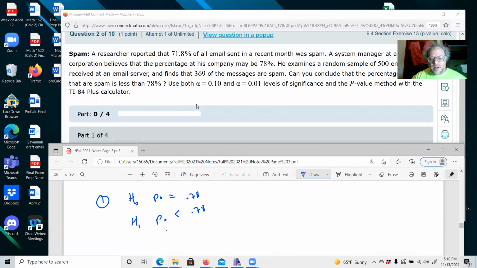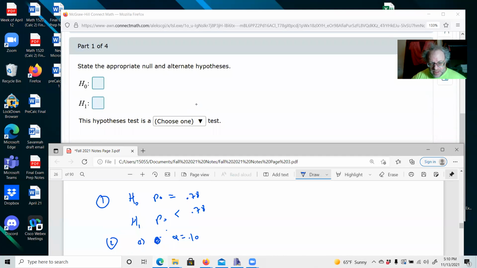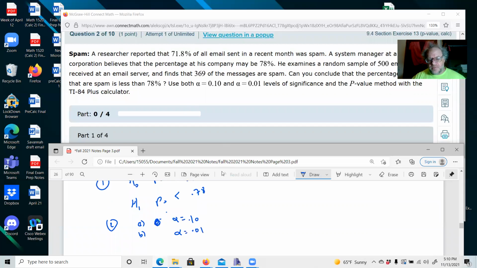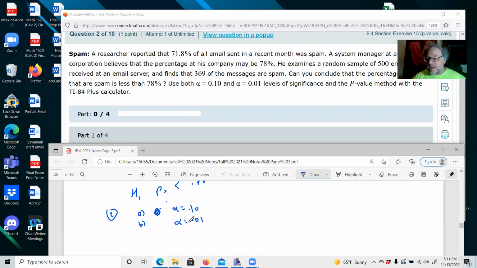Okay. Now in part 2 here, we have an A, that alpha is equal to 0.10, and we have a B, that alpha is equal to 0.01. Okay. So here the alpha is 10%. Here the alpha is 1%. So we have a penny versus a dime.